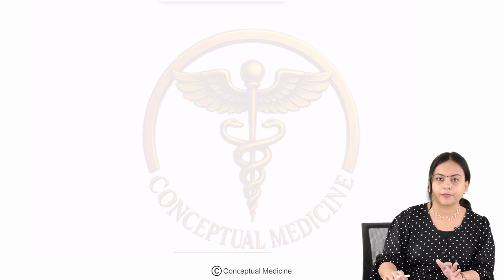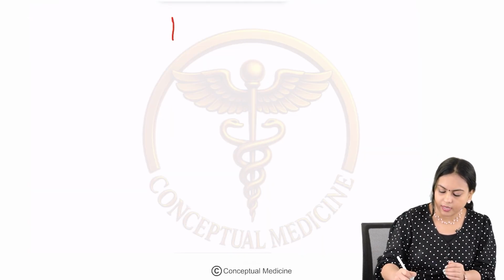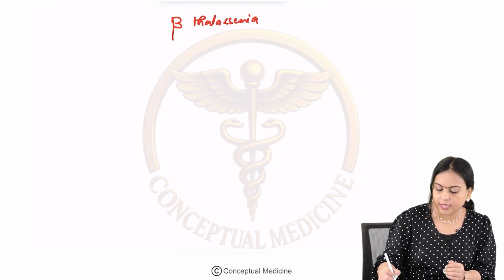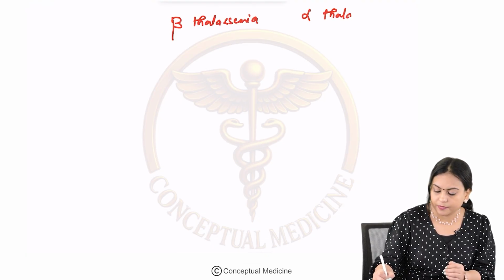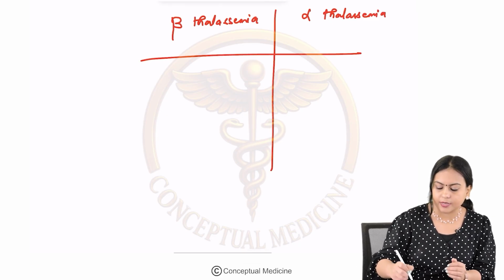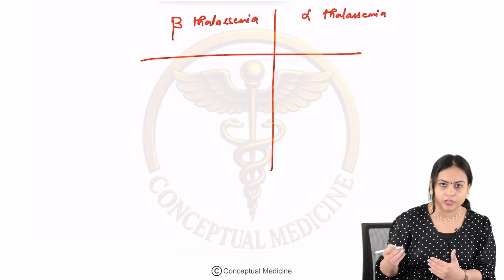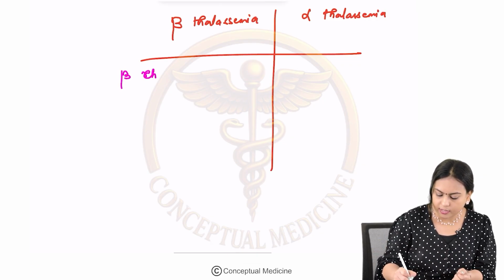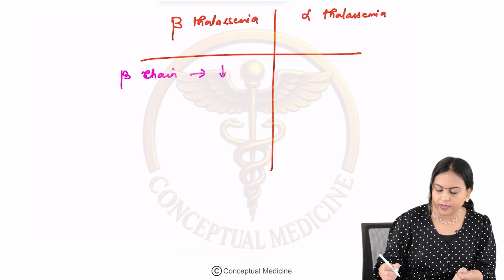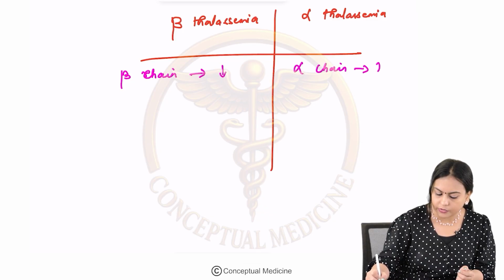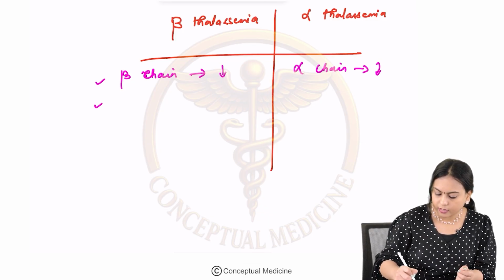So, we have two types of thalassemias. Either it can be a beta thalassemia or an alpha thalassemia. In beta thalassemia, beta chain synthesis is reduced, whereas in alpha thalassemia, alpha chain synthesis is reduced.